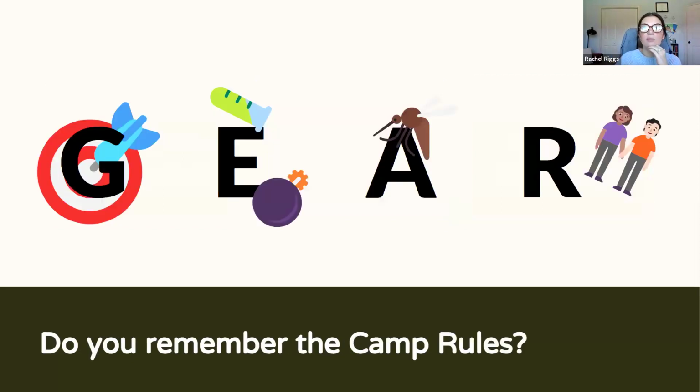So first, before we get into our show and tell, I wanted to see if anyone remembers the camp rules that we introduced in the first session. This is the acronym GEAR. So there's GEAR. Does anyone remember what G stands for? Little quiz, pop quiz.